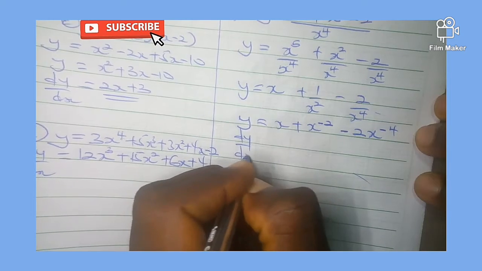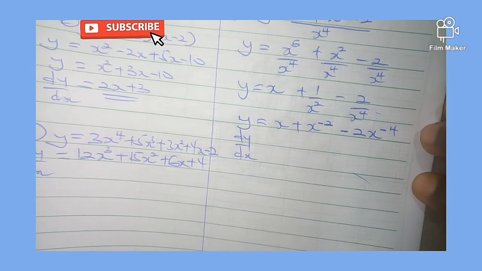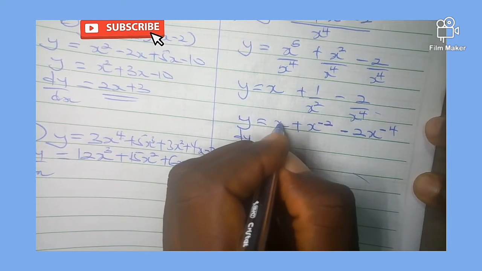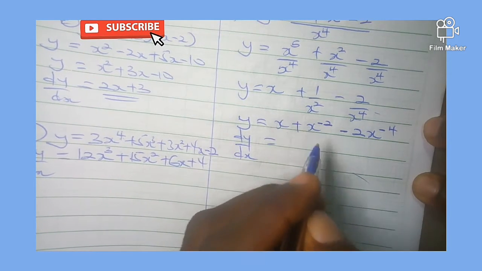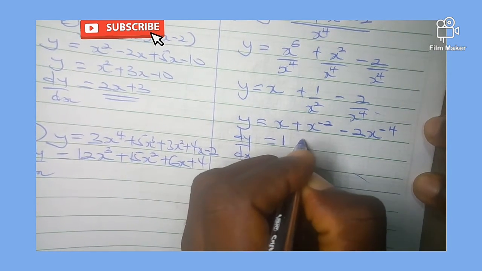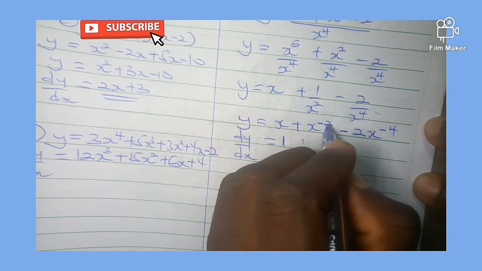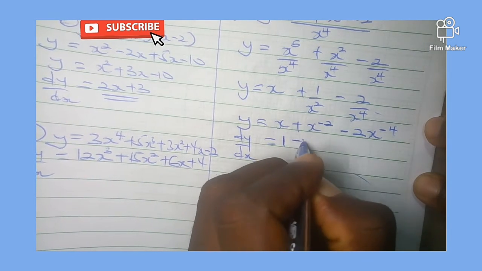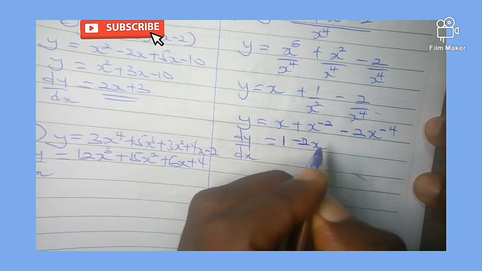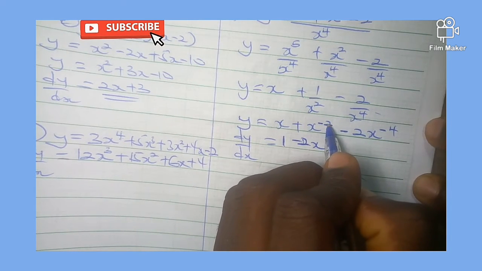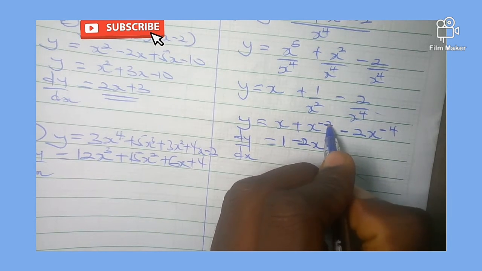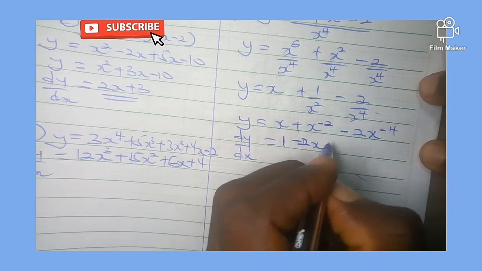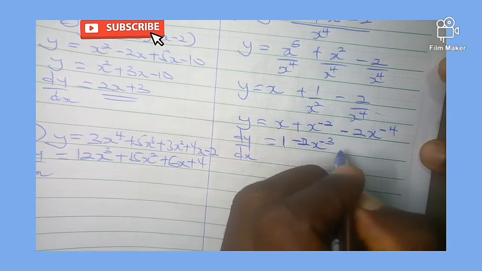That's dy/dx, or the derivative of y with respect to x, is equal to, this is x, when you differentiate this you get 1, and here too the minus 2 comes down, so minus 2x, and this minus 2 is reduced by 1, so minus 2 minus 1 making minus 3.